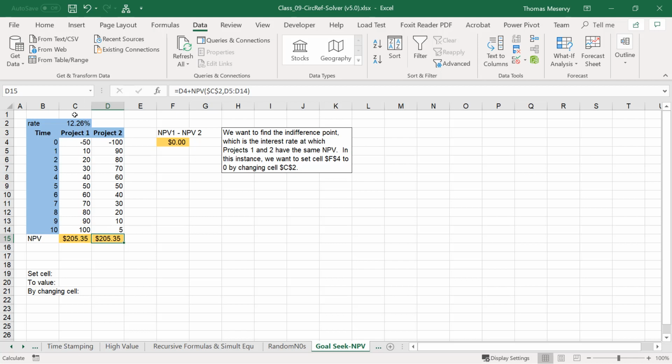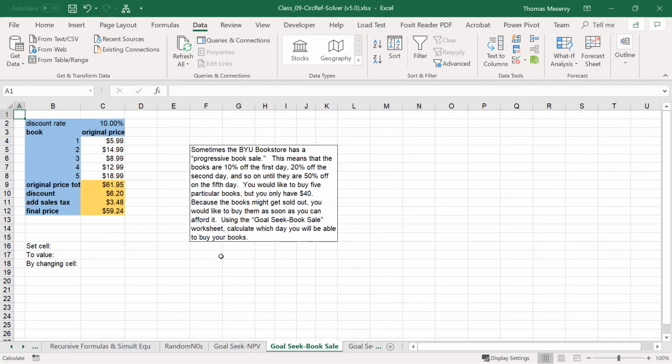We saw before that at 10% you would choose project 1, so we could assume that anything less than 12.26 you'd choose project 1, anything greater you would choose project 2. GoalSeek doesn't maintain your answers, so you might want to note what we put in for our set cell value and by changing cell values there. Okay, let's go on to the next problem.